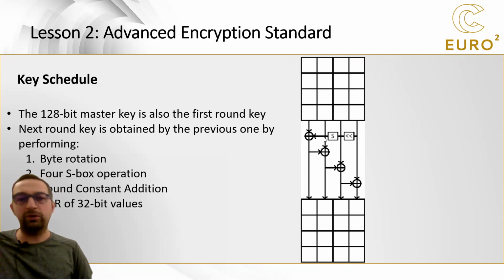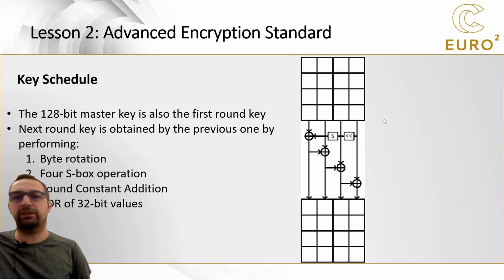Then there's also a round constant addition, which is not shown in this picture, but you XOR a single byte value to one of these bytes. Then XOR with the leftmost column, and you write it back. And also XOR it to this 32-bit value, write it here, and so on.